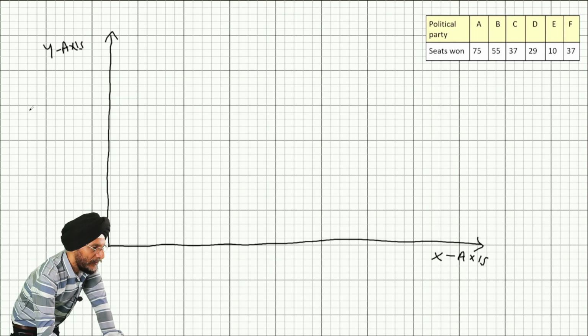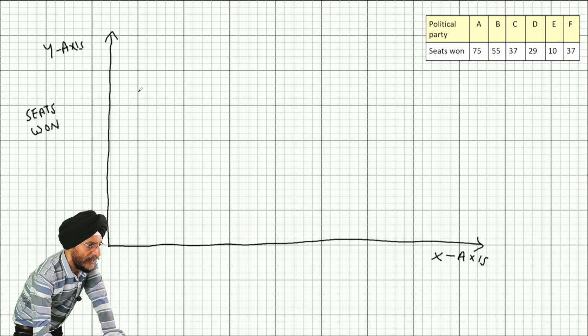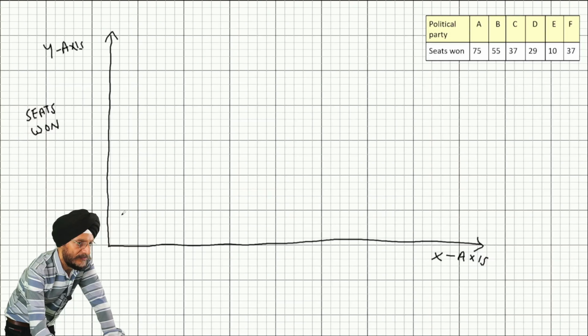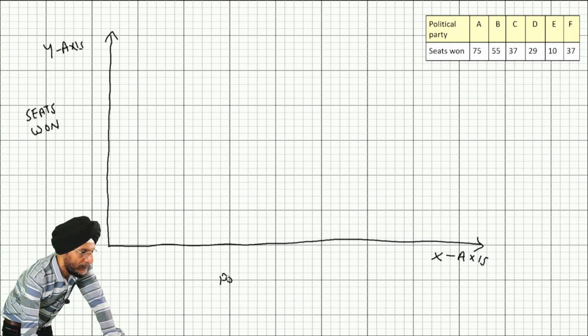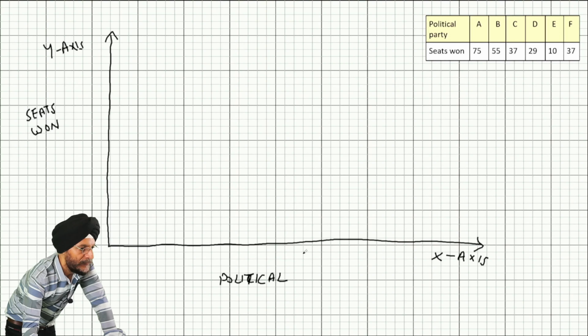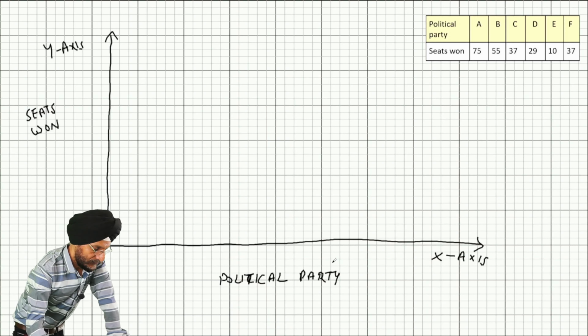We will mention the seats won here on the y-axis. Here we will mention the political party. Names of the political parties will be mentioned here.